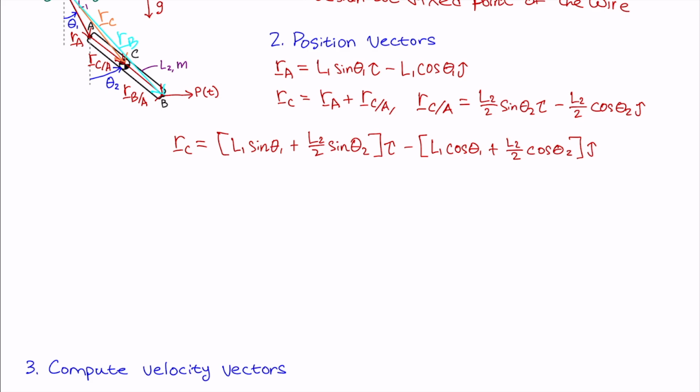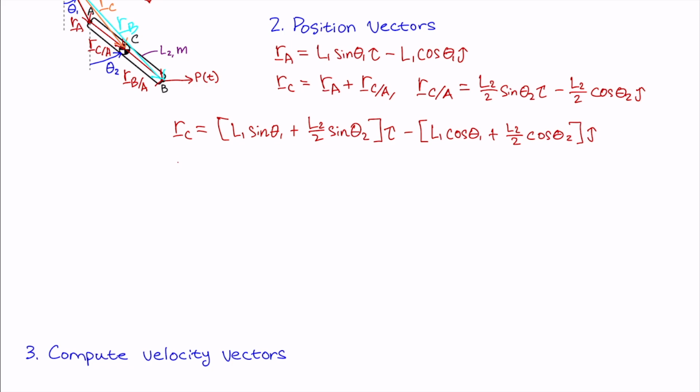The next one that we need is RB. RB is going to be equal to RA plus RB/A.